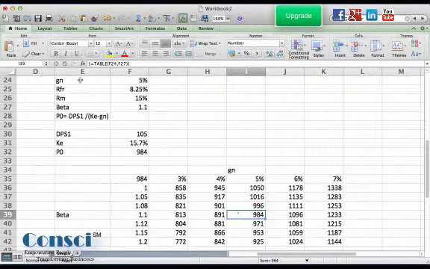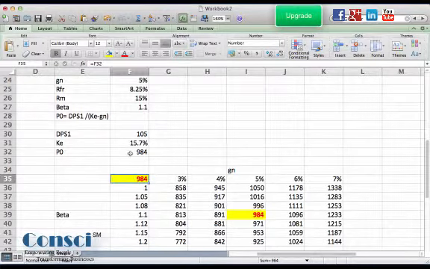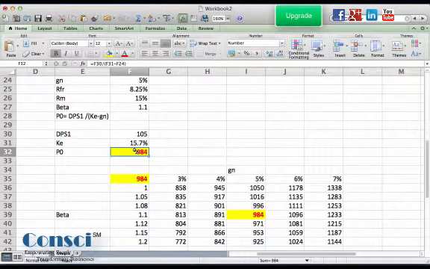And what we are referring to is this cell, which is exactly the value that we have got from the computations that we have done earlier.